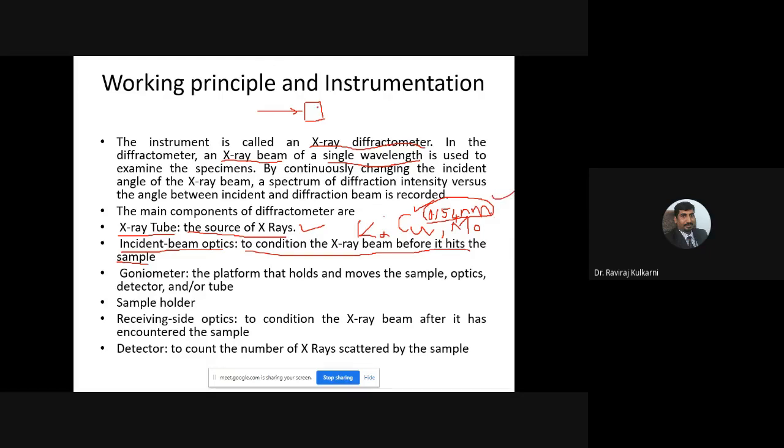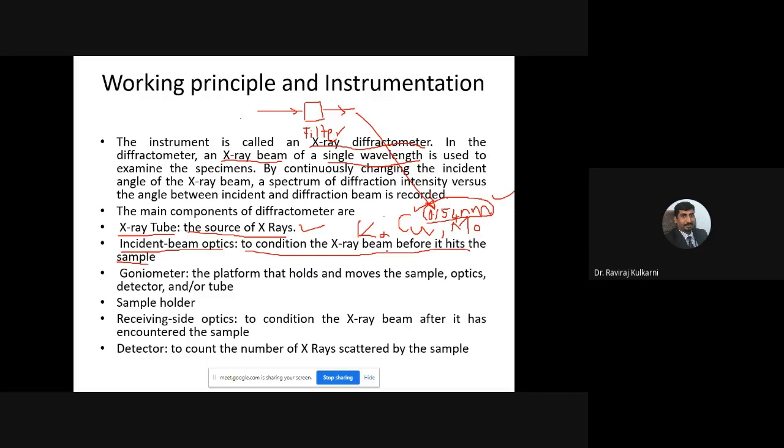The beam may contain many radiations, UV, X-rays and other things, but when you pass it through this filter, or use a monochromator, you get a single wavelength X-ray, 0.154 nanometer. So you require some beam optics.